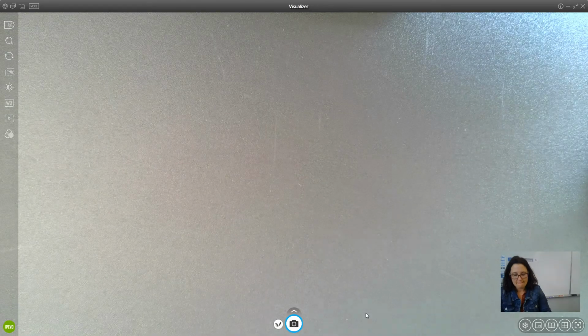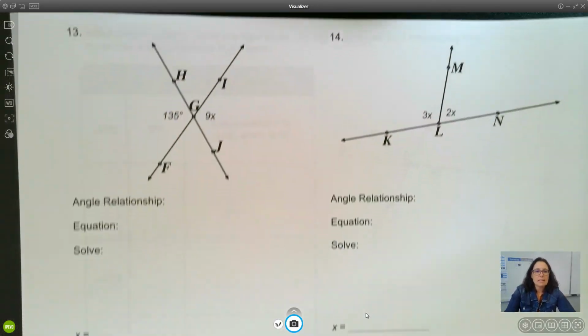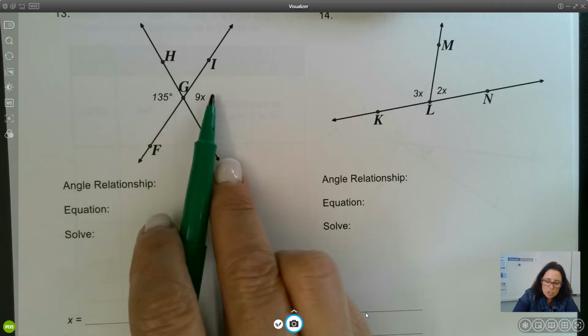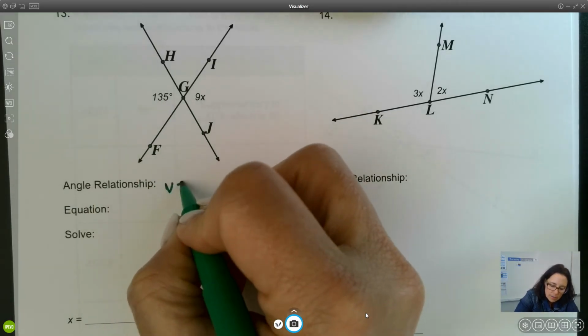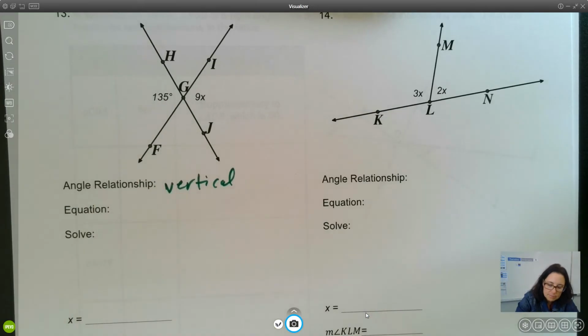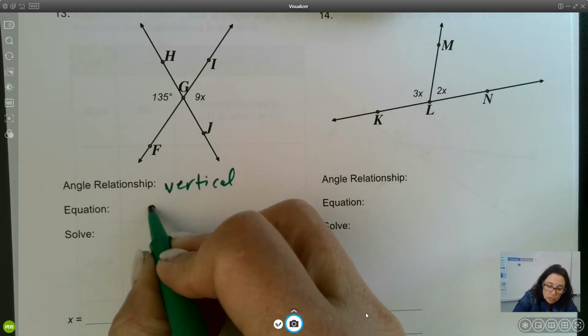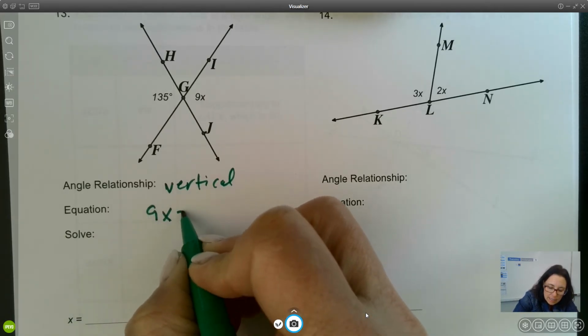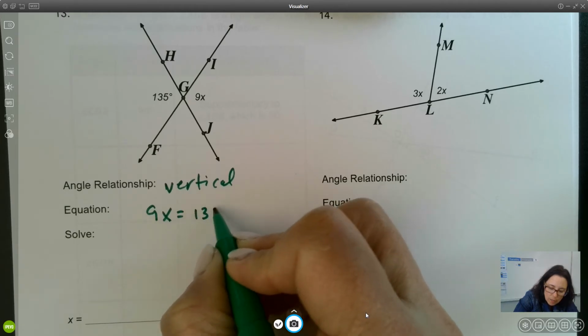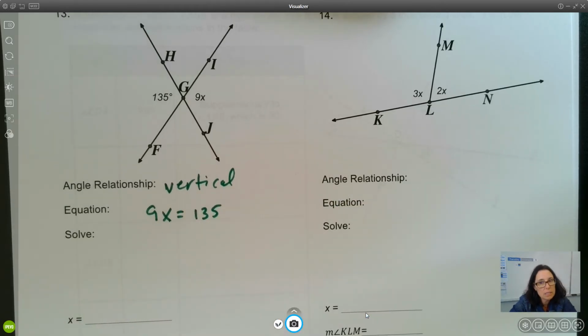All right. The relationship here, vertical. And we learned that vertical angles, 9x, equal each other. Okay, please be careful on that problem. It's not 9x plus 135 equals 180. I see that mistake all the time.